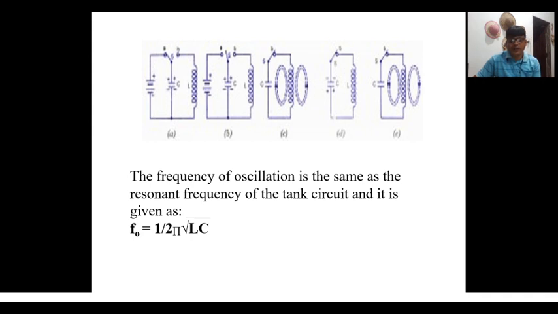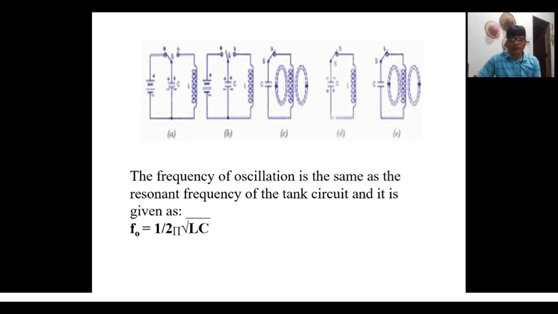The energy is alternately stored in the electric field of the capacitor and the magnetic field of the inductance L. This interchange of energy between L and C is repeated over and over again, resulting in the production of oscillations. A damped oscillation will be observed.